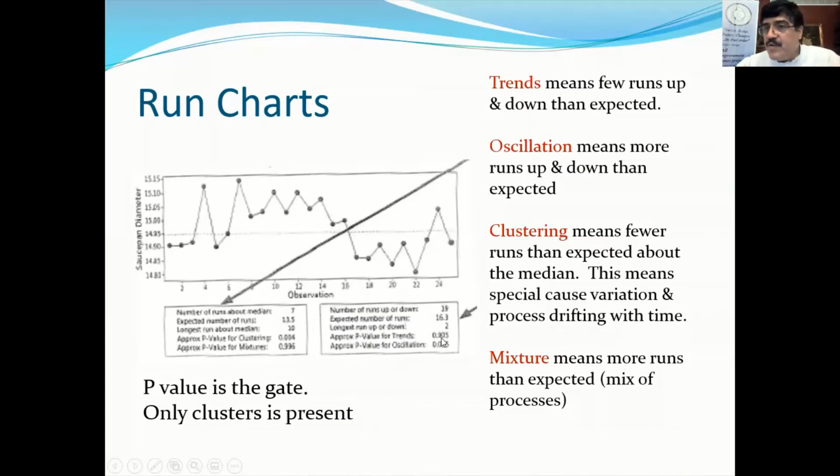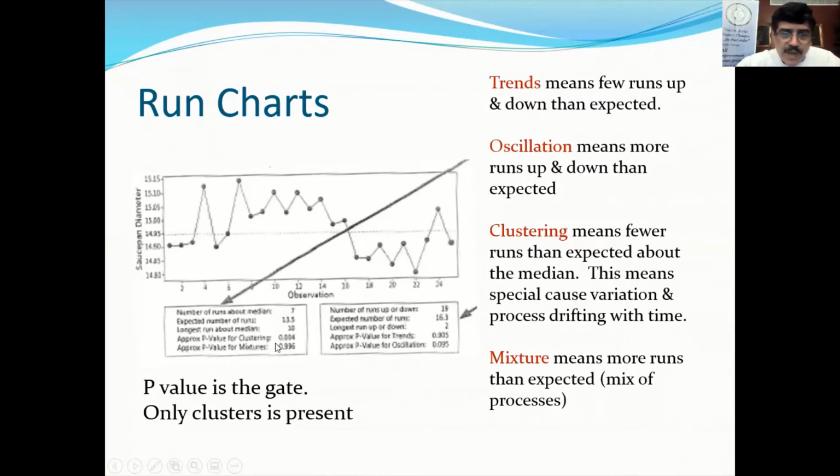Anytime you see a p-value more than 0.05, this is the normal set point. I think in medicine they use 0.01, but in other applications they use 0.05. Anything you see more than 0.05, you say, okay, there's no trend here. This is more than 0.05, so there is no isolation in my data.